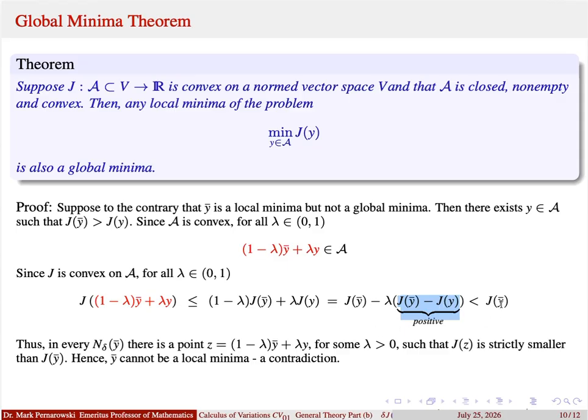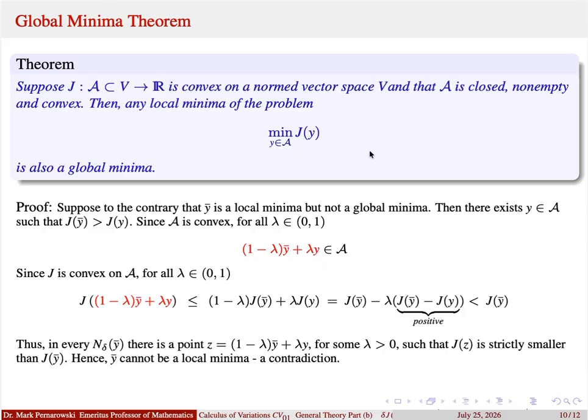But if that's the case, then that contradicts the assumption that y bar is a local minima, because you're saying that everywhere else on any neighborhood of that point, there are points on this line segment that have a value that are less than that. So those values are smaller than, quote, the local min? I don't think so. So that's a contradiction.